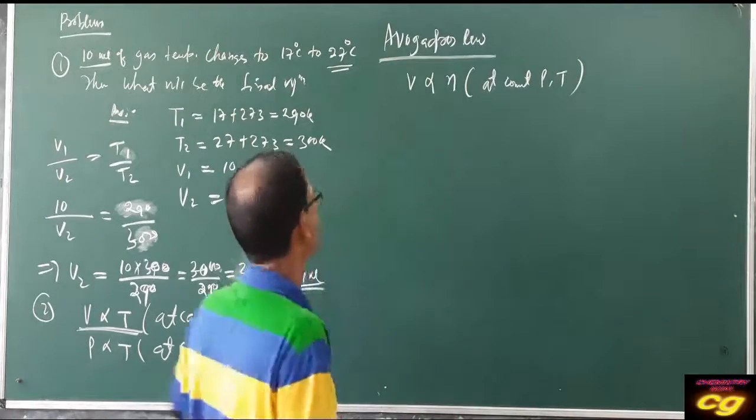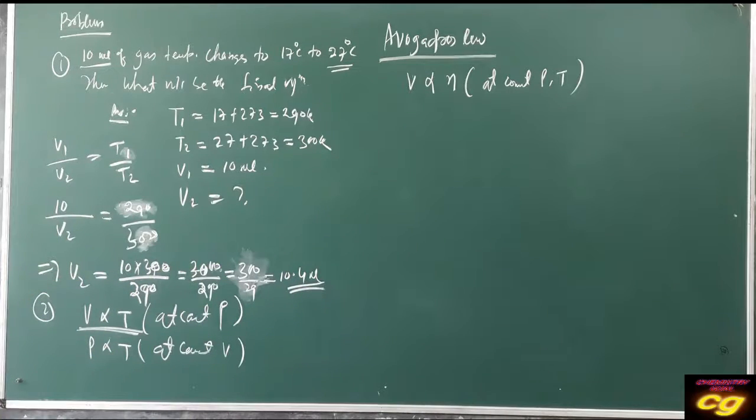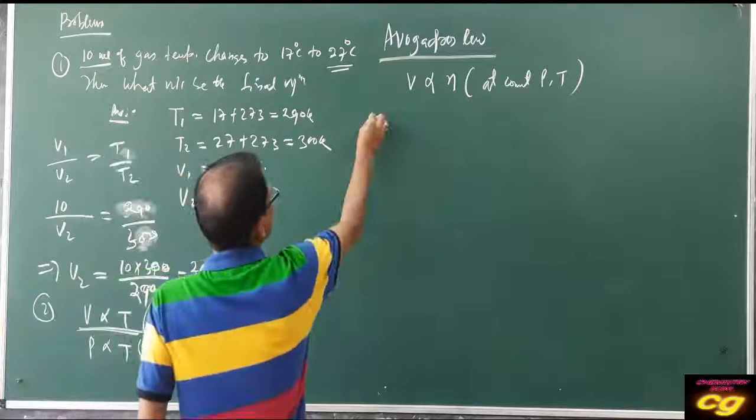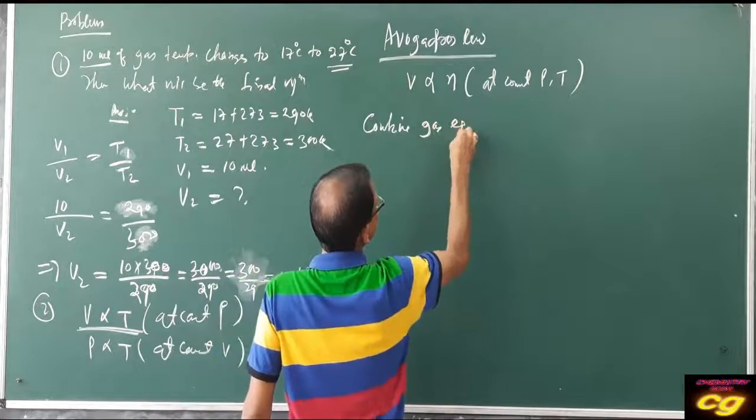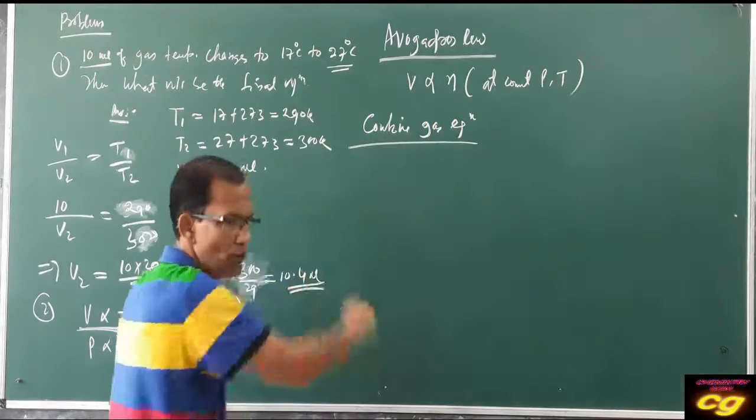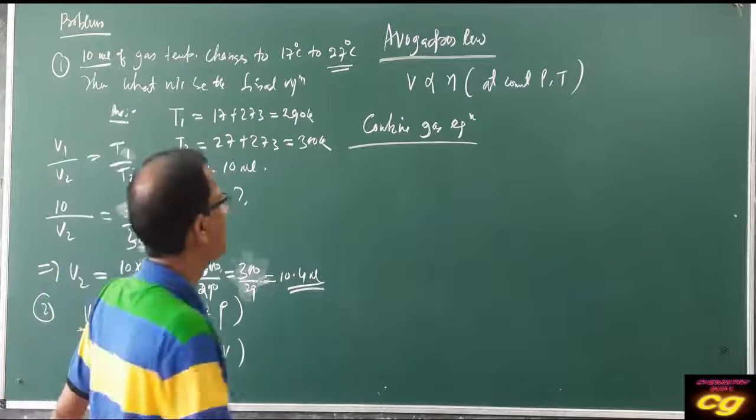Very important, this theory. Then if you combine these, there is a formula, the combined gas equation. What is the combined gas equation? It comes only from combining Boyle's law and Charles' law.